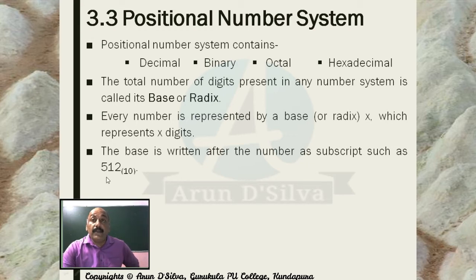So that time we will come to know which type of number it is, or which number system it belongs to. Now here you see in the slide, 512 with subscript 10. That means this number is in the decimal number system.